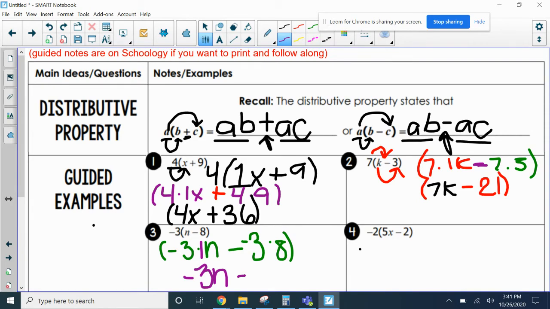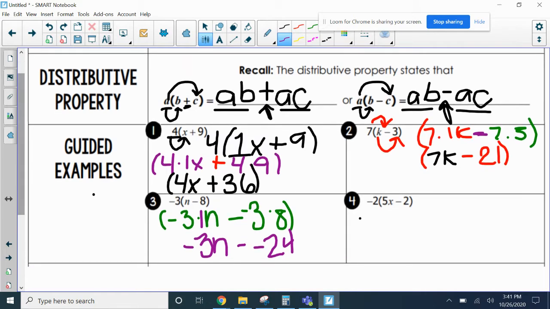So minus negative 24. And we're going to simplify that, do our keep, change. So we're going to keep this negative, make this addition, and make this addition, and simplify that to negative 3n plus 24.